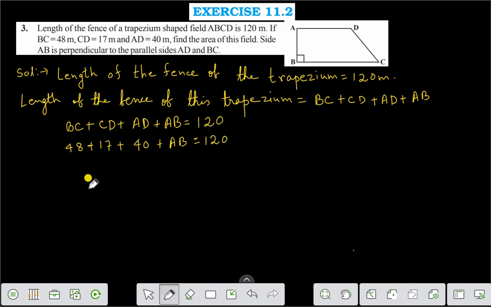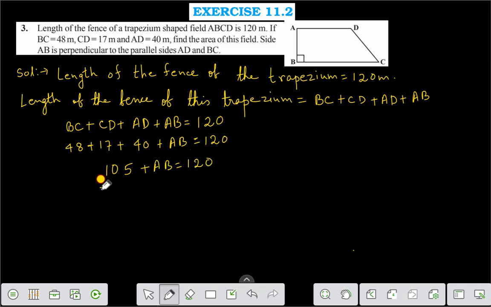If we add all this, 8 plus 7, 15, 5 carry 1, 4 plus 1, 5, 6, 6 plus 4 is 10, that is 105. 105 plus AB is equal to 120.